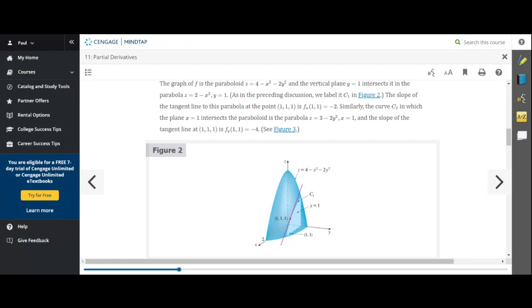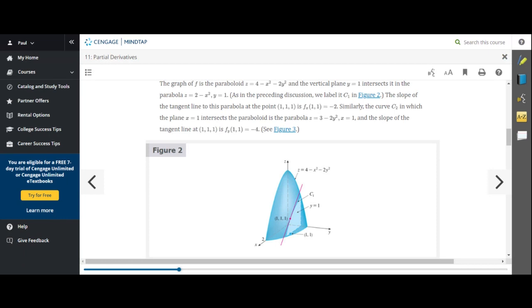Parallel to the x-axis. So the slope of the tangent line is with respect to the x-axis. What was the value of the partial derivative of f with respect to x? Do you remember? It equaled -2. That's right.